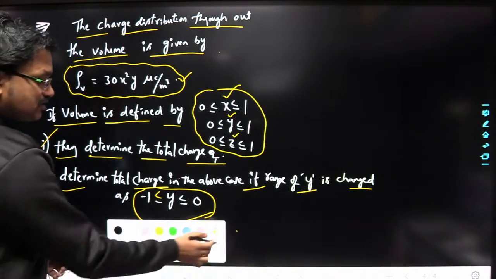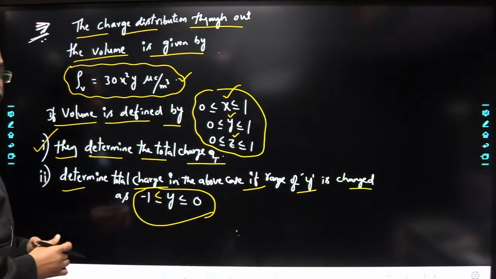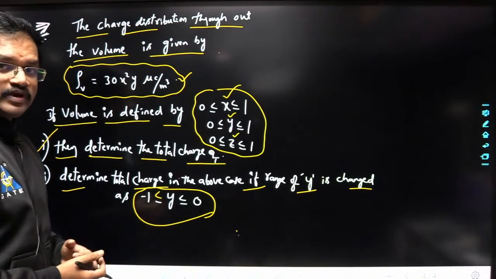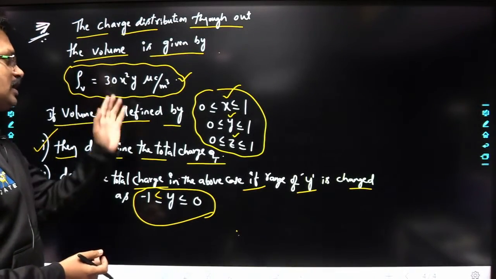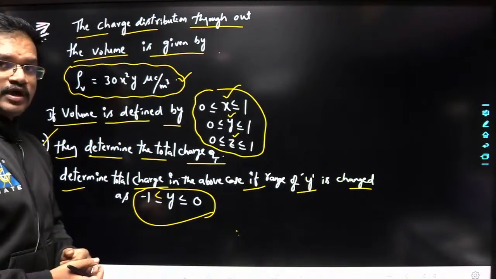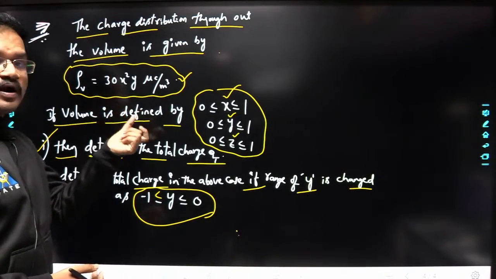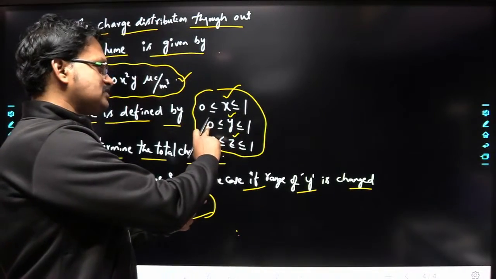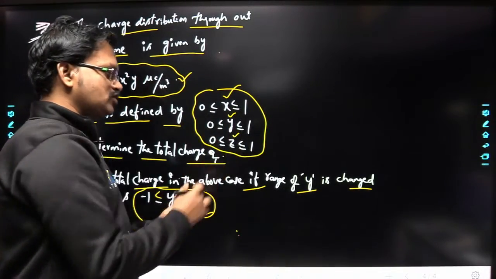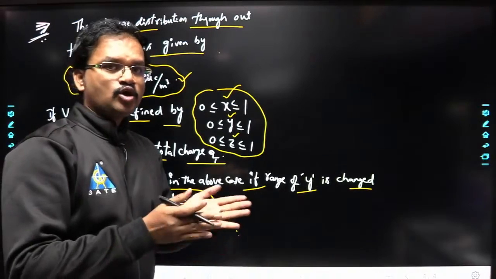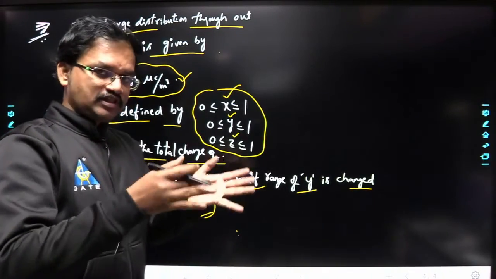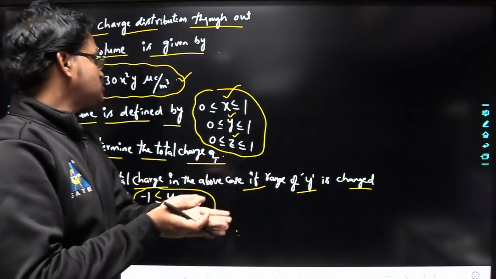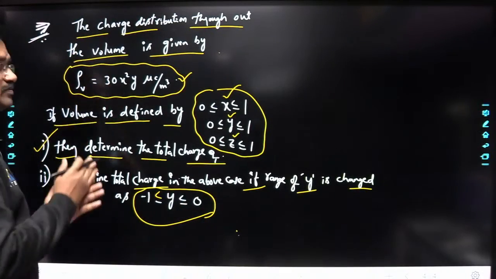So here what they have given is the charge that is distributed per unit volume. Yes or no? The charge density is nothing but the charge per unit volume. Here x varying from 0 to 1, y from 0 to 1, z from 0 to 1 will form a cube. Within that cube, the charge is distributed in this manner.